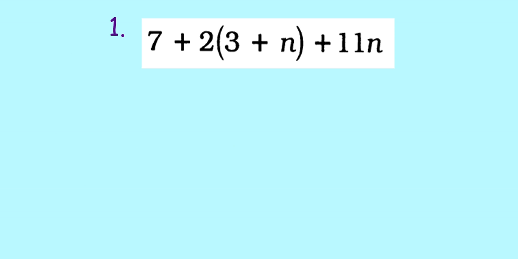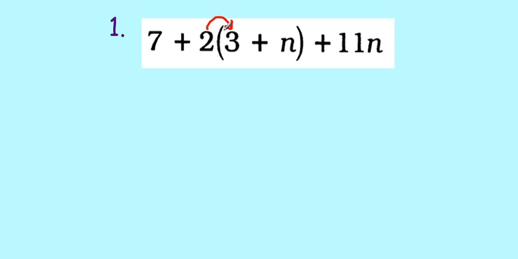Okay, number 1. Let's go ahead here and distribute. What we're going to do first is go through and change all subtraction to addition, and then we're going to distribute right after that. There isn't any subtraction changing to addition, so we distribute. We have to distribute to both numbers inside of parentheses.